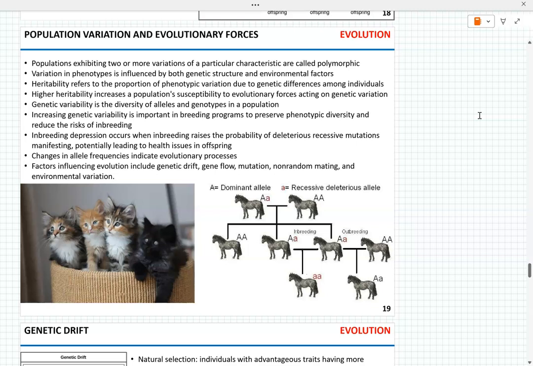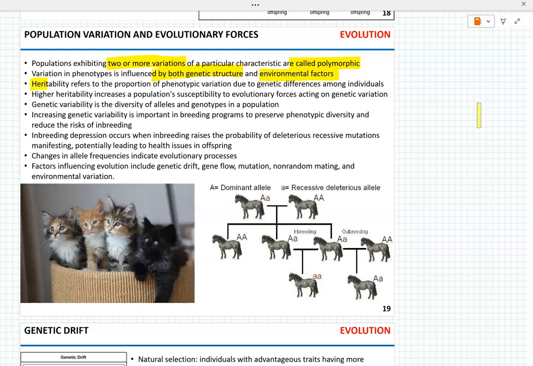So if there are two or more variations of a particular characteristic, it can be called polymorphic, for instance, different skin or hair color. So the variation in phenotypes will be influenced by the genetics and environmental factors, because environmental factors will determine which characteristic, which form, which variation is more beneficial.